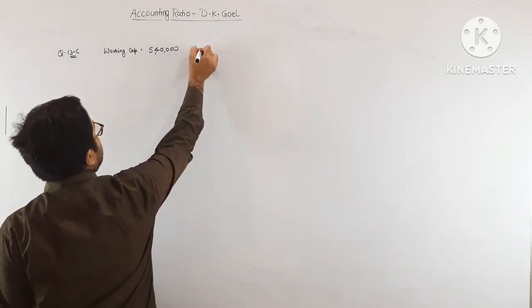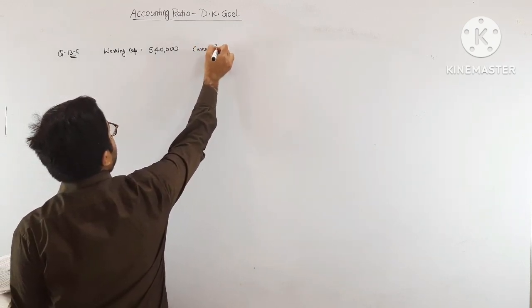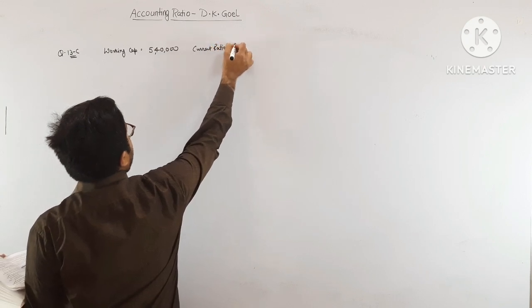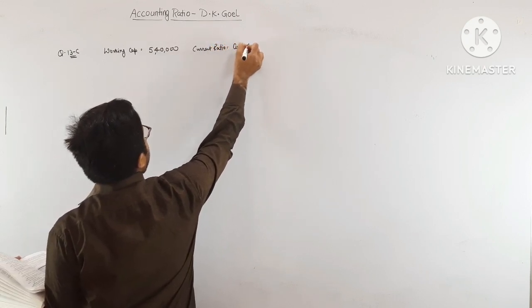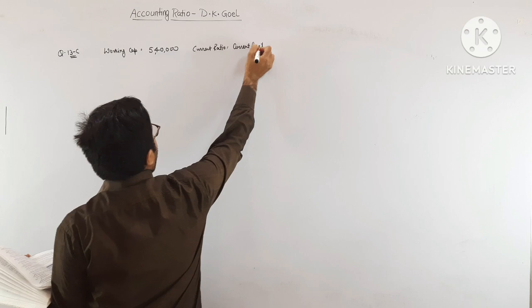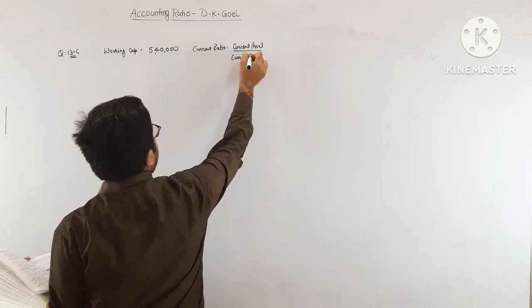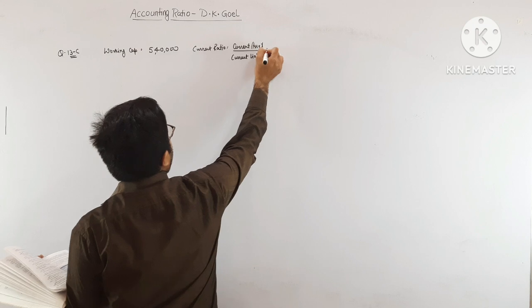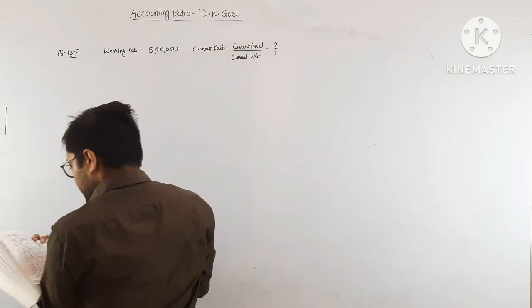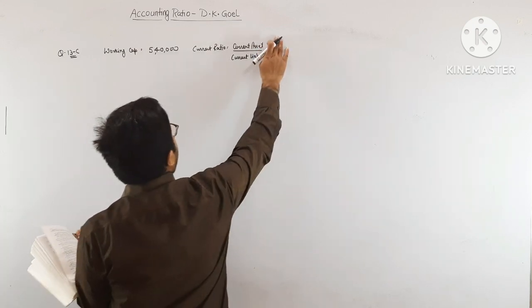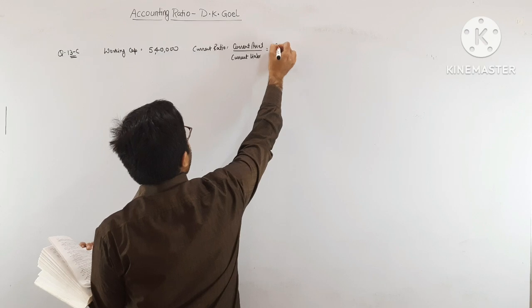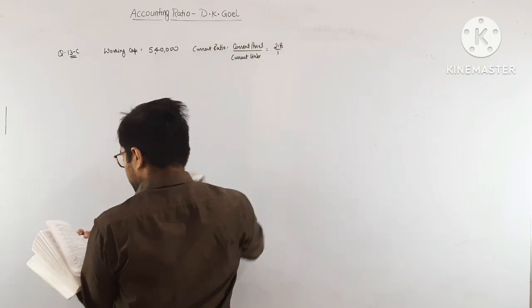Current ratio is current asset upon current liability, 2.8:1.